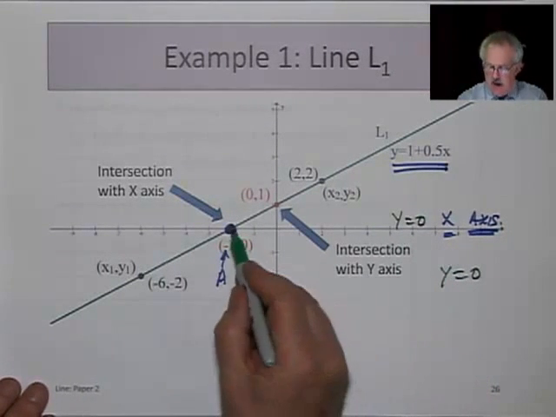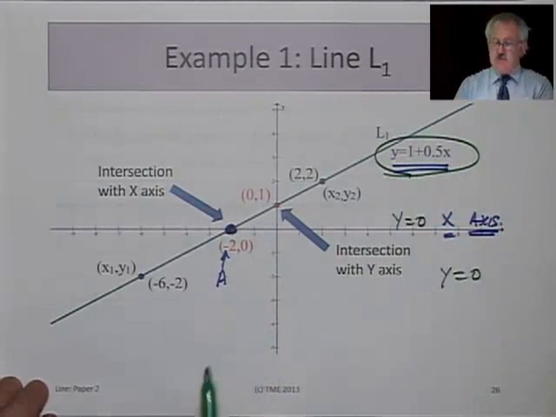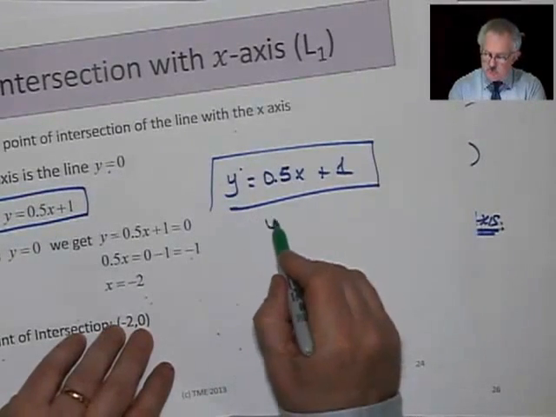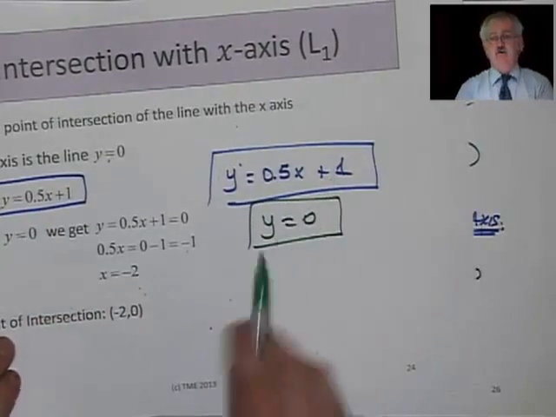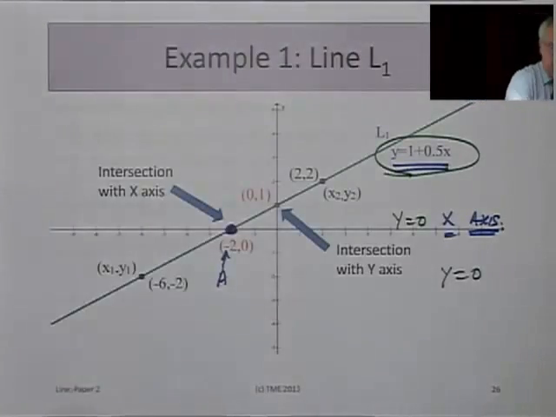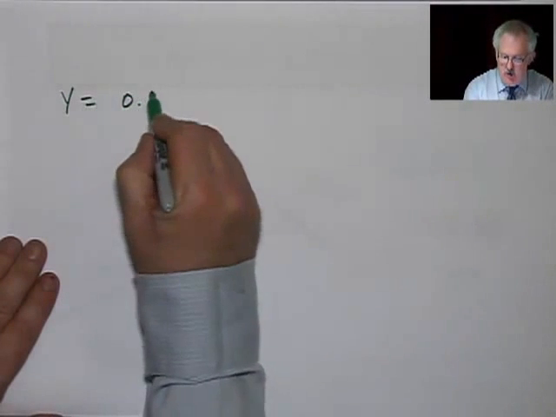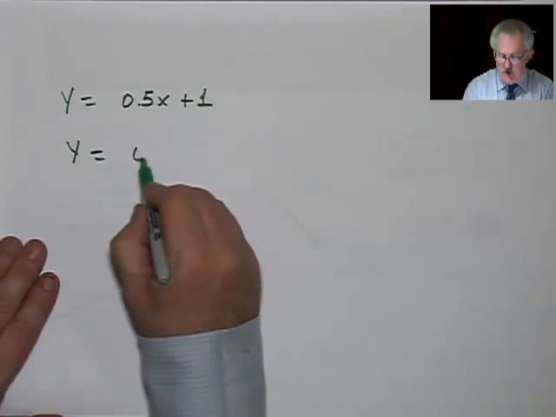If that's the case, at point A, not only does this equation here hold, but so does the other one. Not only is this true, but y is equal to 0. Both of those are true. So in other words, y is equal to 0.5x plus 1, and also y is equal to 0.